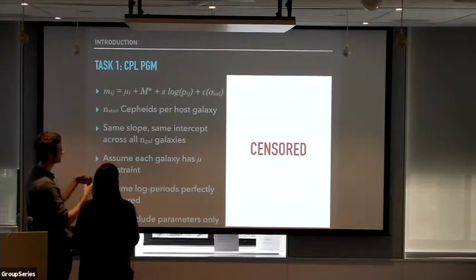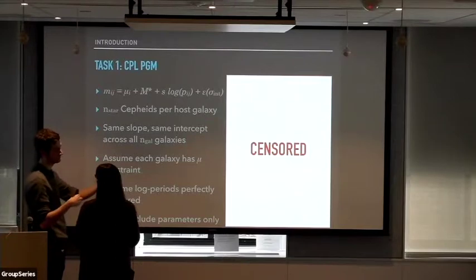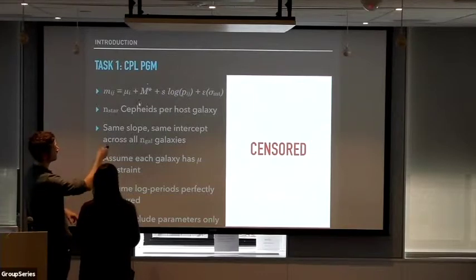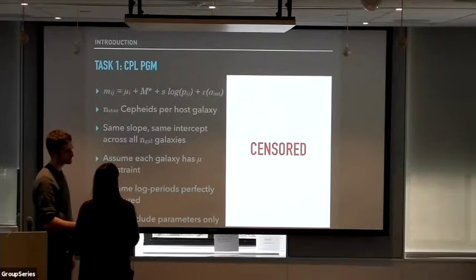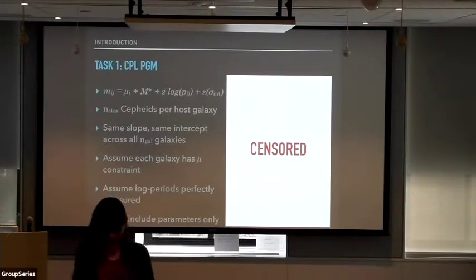Each galaxy has a set of Cepheids with measured apparent magnitudes and periods. Each galaxy also has its own distance, and it has a distance estimate for now. Let's just assume that. And then the whole thing is drawn from a population that has parameters and some intrinsic scattering.